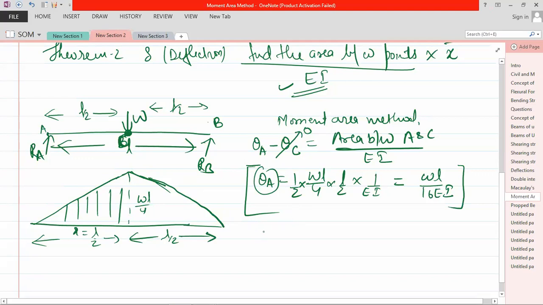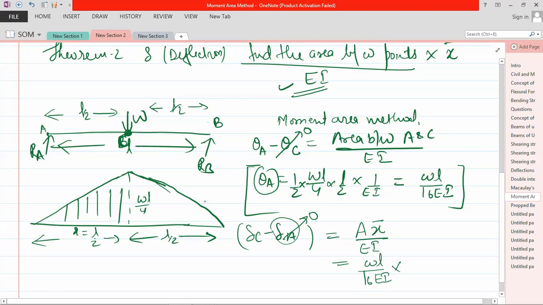Now, for deflection, we need to find delta A minus delta C. Suppose we write it inverse: delta C minus delta A, because at A it is 0. So take any reference where the value is 0, and the area between them into x bar divided by EI. Now what is the area? We already obtained WL by 16 EI.